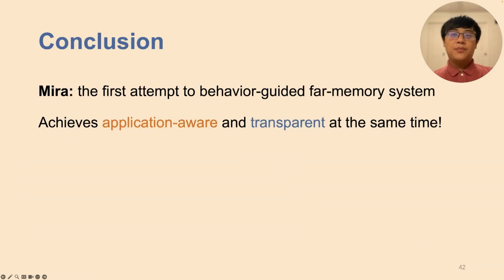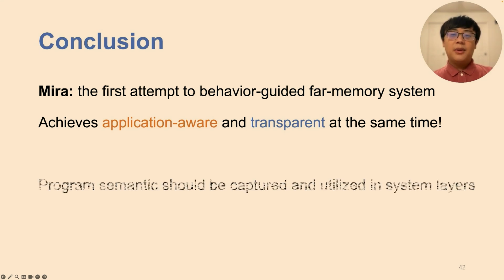As a conclusion, Mira is the first attempt to build a behavior-guided file memory system. It achieves application-awareness and transparency at the same time. Our main takeaway is that application semantics are becoming more and more important with systems becoming more complex and tiered, like file memory systems.